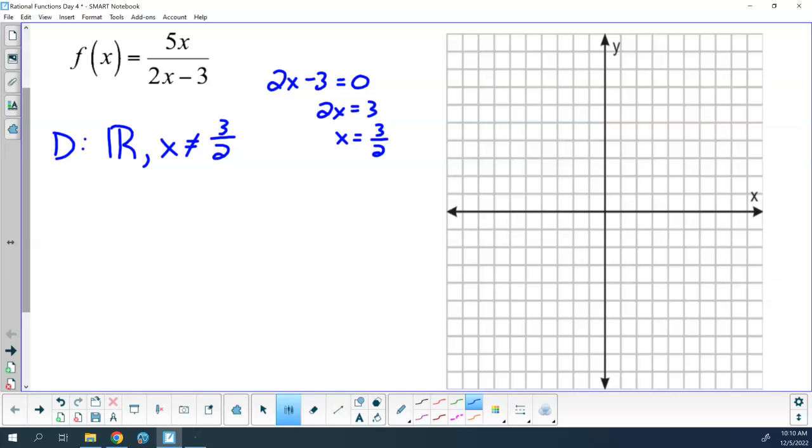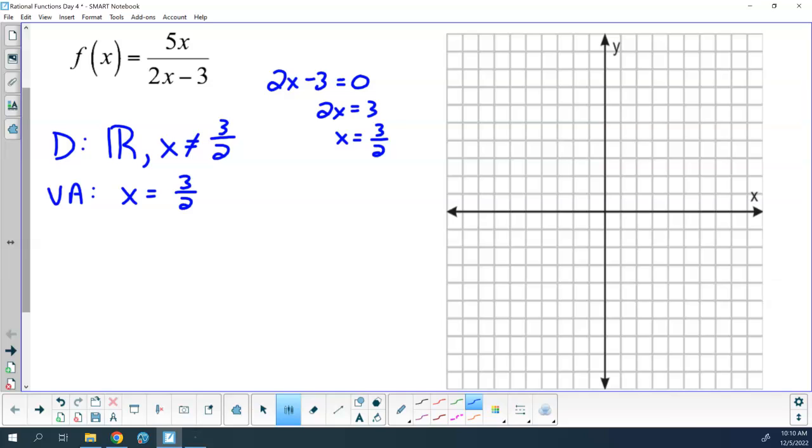Second part of step 1. What's the vertical asymptote then? X equals 3 halves. Okay. How does that go on our graph? It's a line, right? Dashed line. Okay. Straight up and down.